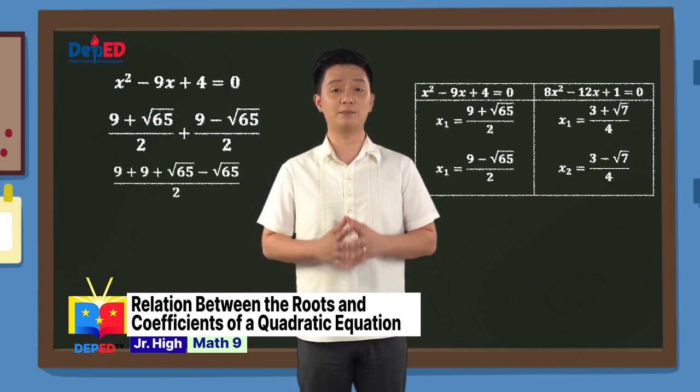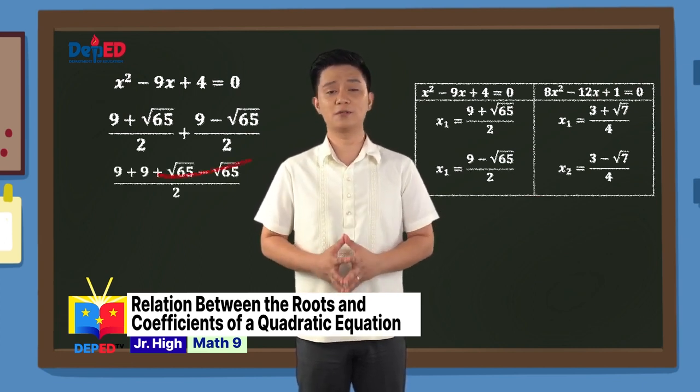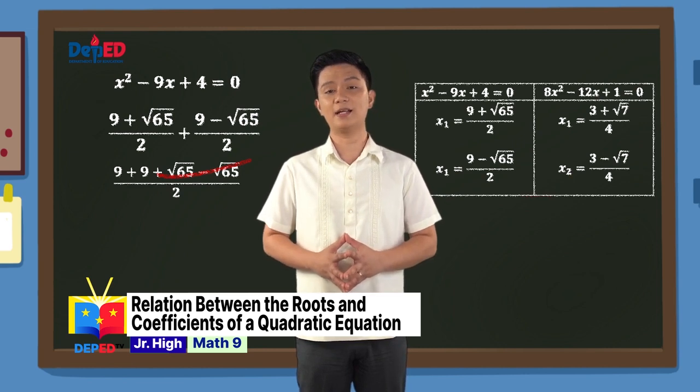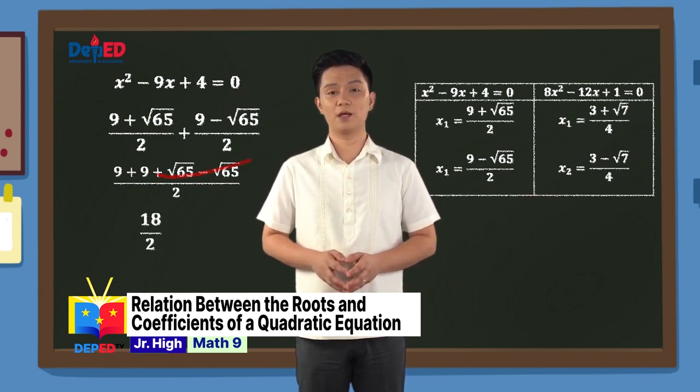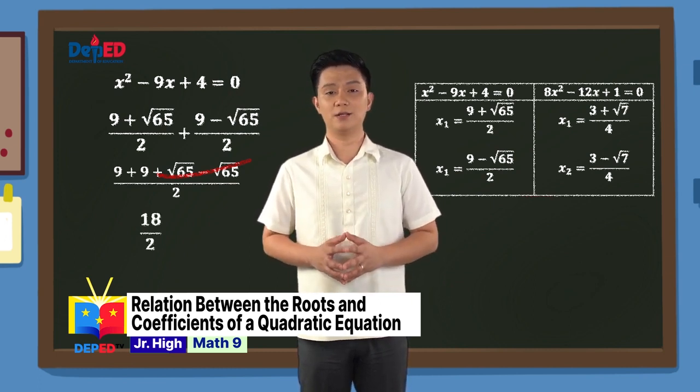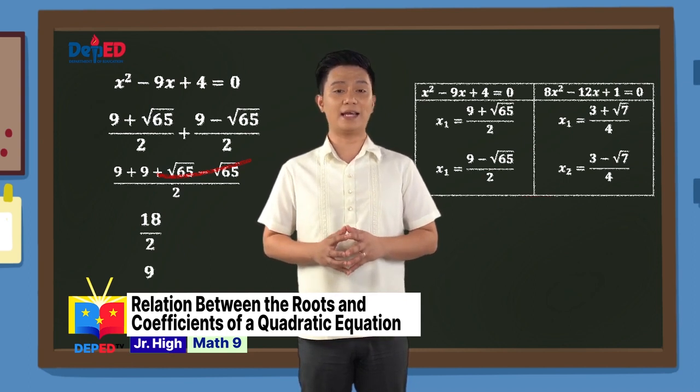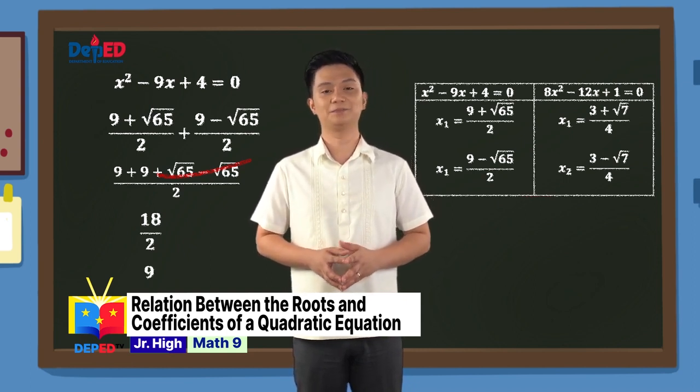Since the two have the same denominator, we just use this common denominator and then add the numerators by combining similar terms. So, upon computation, we have obtained that 9 is the sum of the roots.